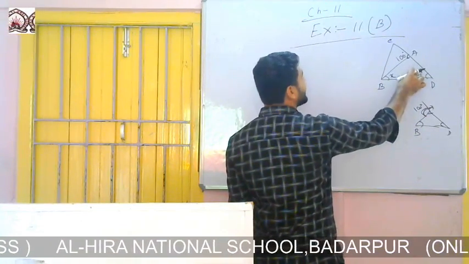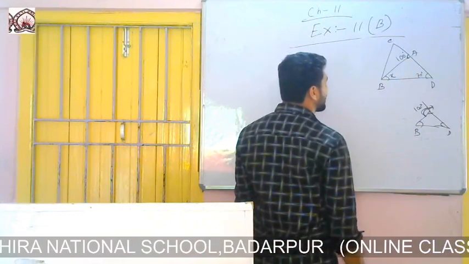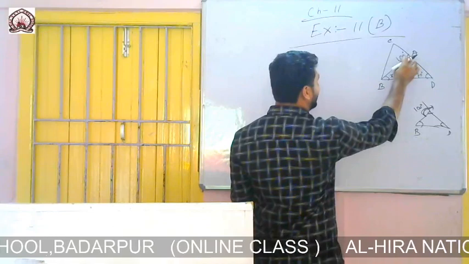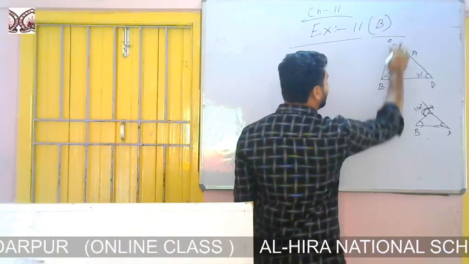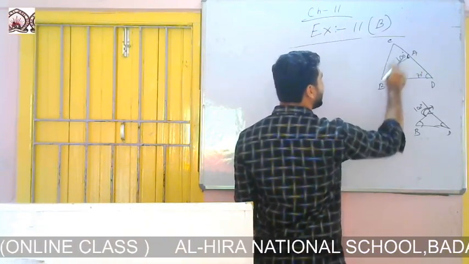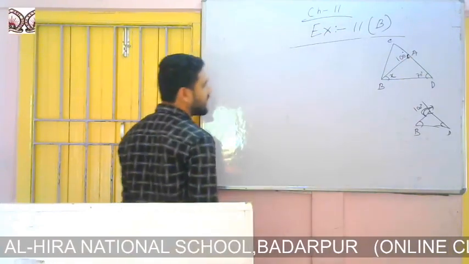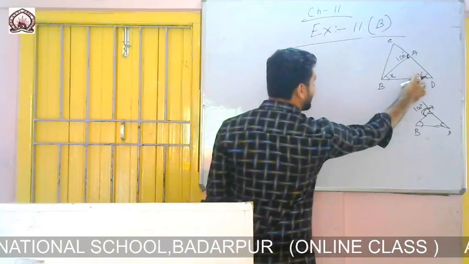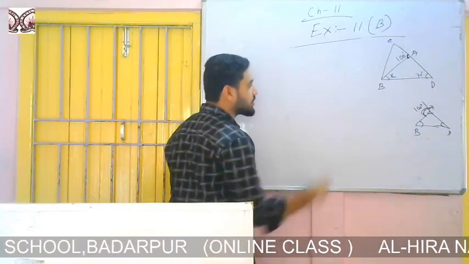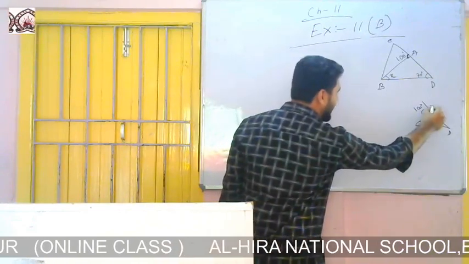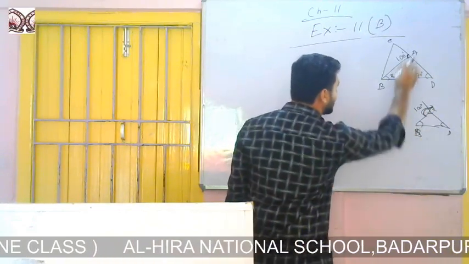The measure of this one is given what? 100 degrees. You see in the diagram. So you can write that x plus 70 degrees equals 100 degrees, because the sum of the two interior opposite angles equals its exterior angle. So for triangle ABD, CAB or BAC is the exterior angle. Okay, so you can write x plus 70 degrees equals 100 degrees. From that you can find x. You see I have drawn separately this triangle ABD.